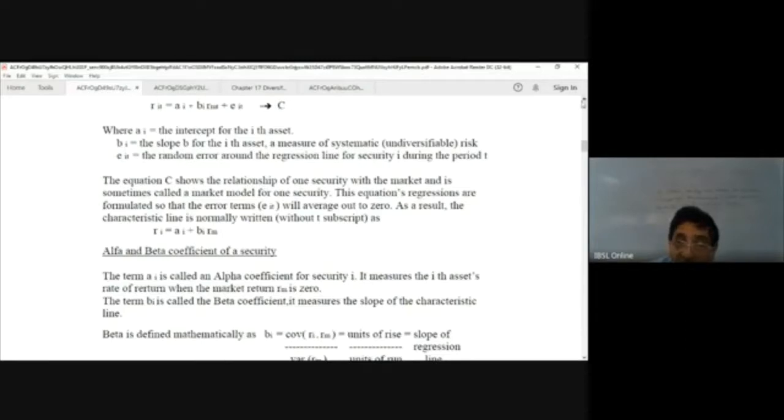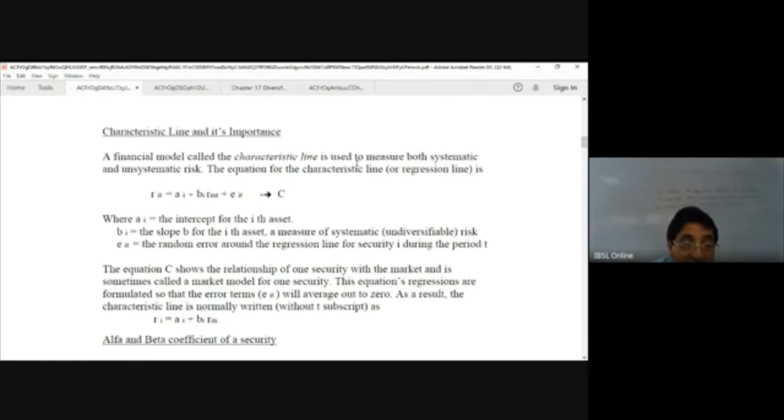Now we have started with this equation, and we call it the characteristic line. That line refers to the market return as well as the stock return, and there's an error term also. If you do this repeatedly, then this eit can be taken out.